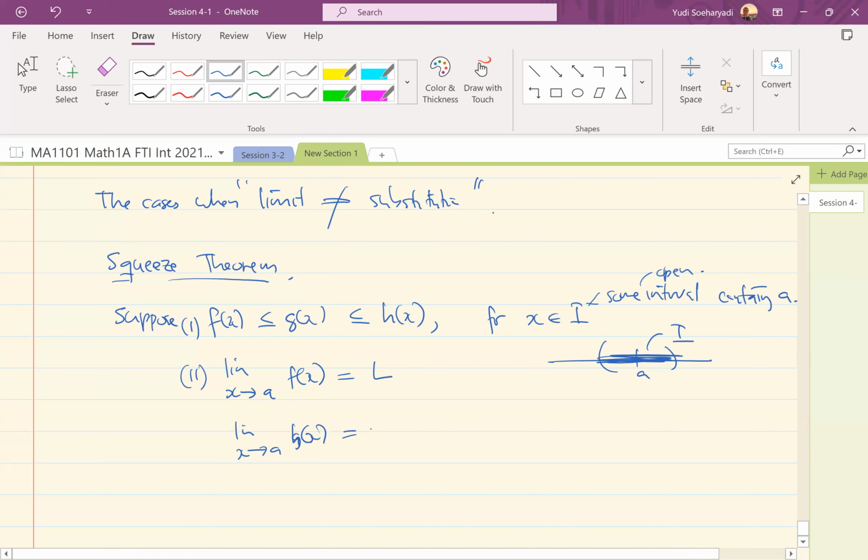Both as x goes to a, the left and right.